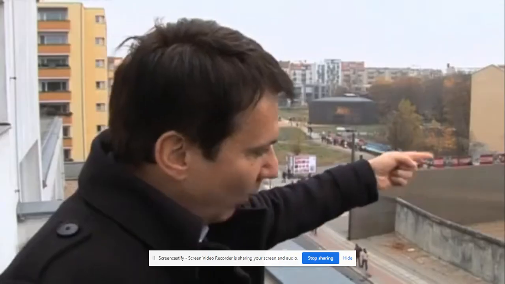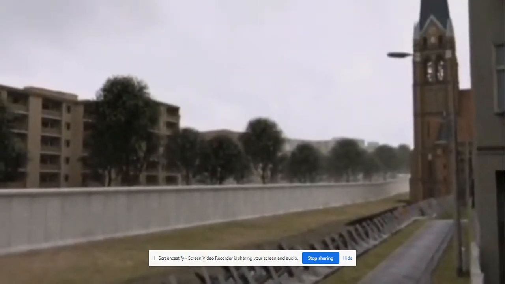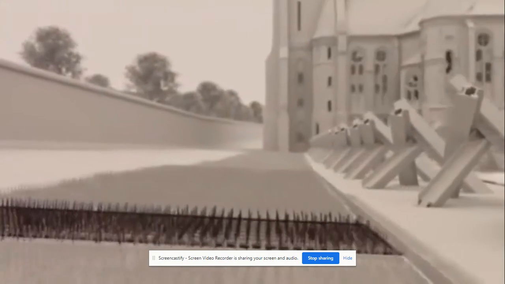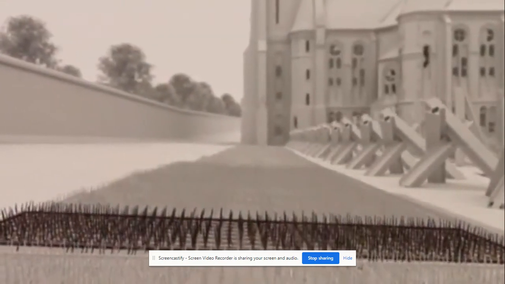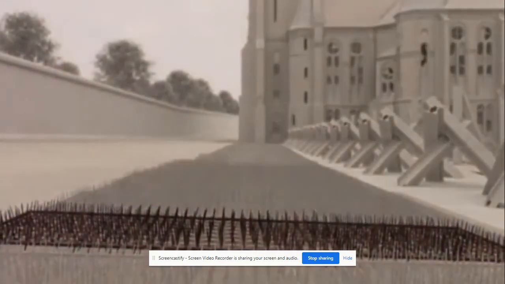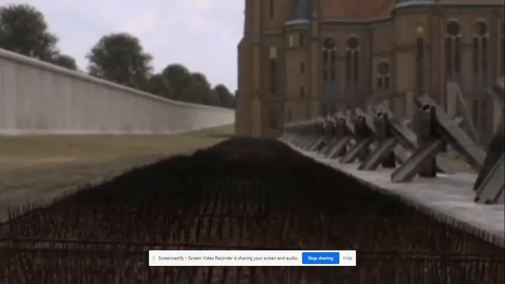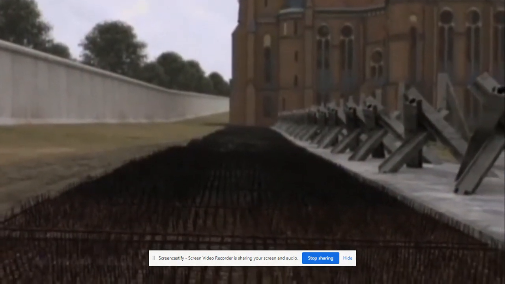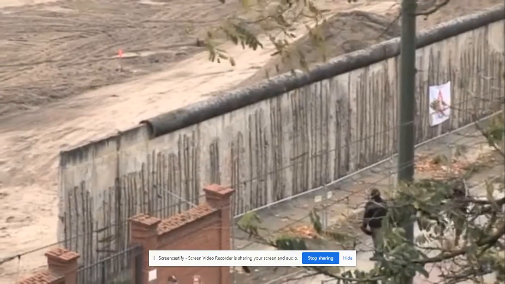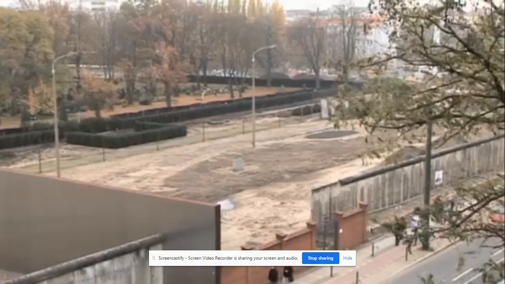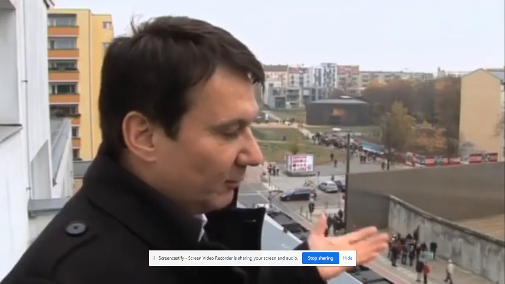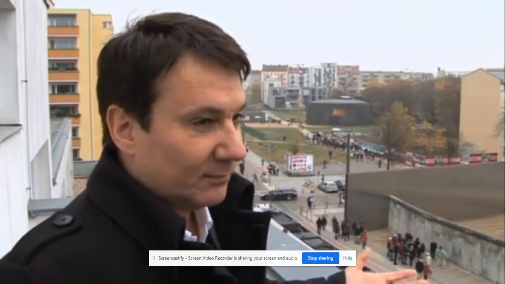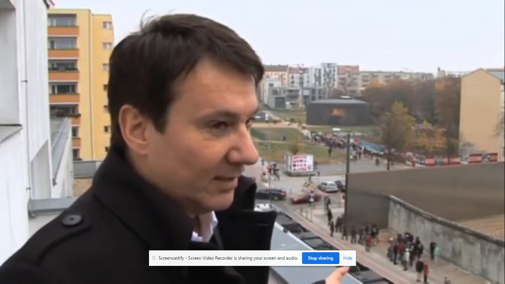And then came the inner wall, which was not so high, and behind this inner wall, there was something like on the floor with needles on it. So if you jumped over the inner wall, you landed in needles, 10 centimeter high needles. Then original death strip with bunkers and soldiers. They got permittance from their system, from the government, to shoot to everybody who is near there.